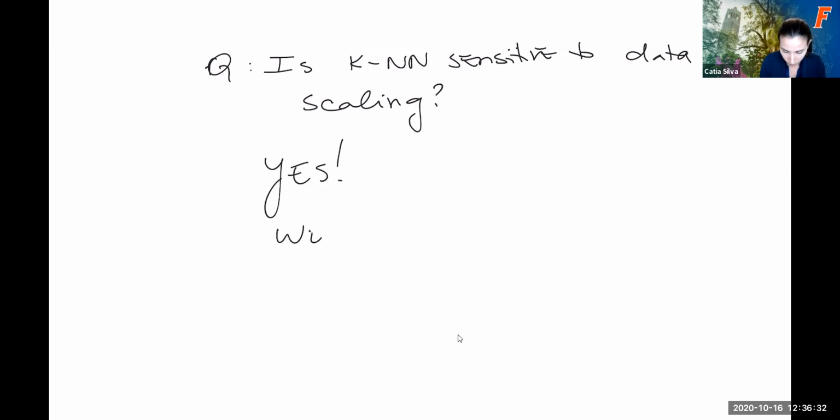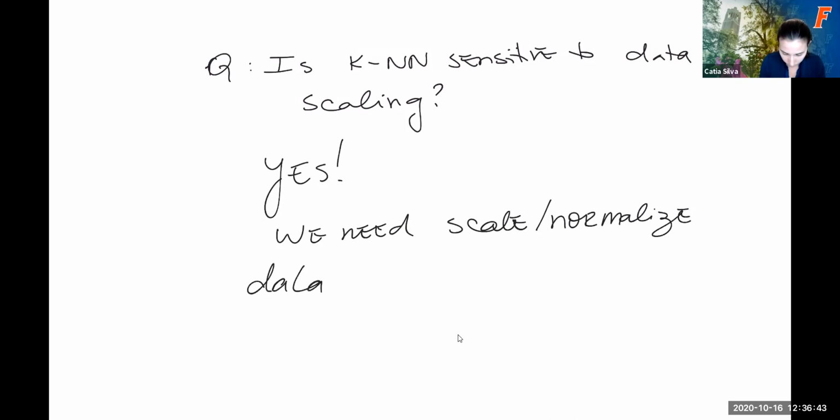So we need to scale or normalize the data. And so next class, I am going to use some of the code that I have in the notes just for us to have more discussion on the behavior of KNN. Before we do that, let me know if you guys have any questions.